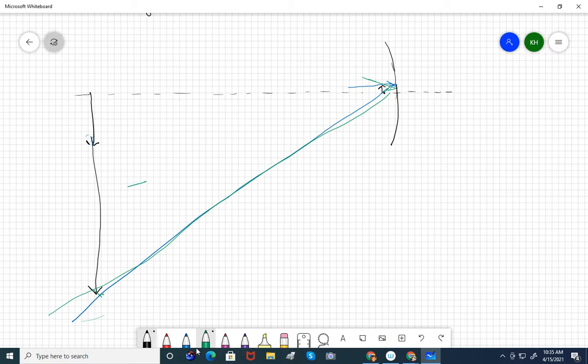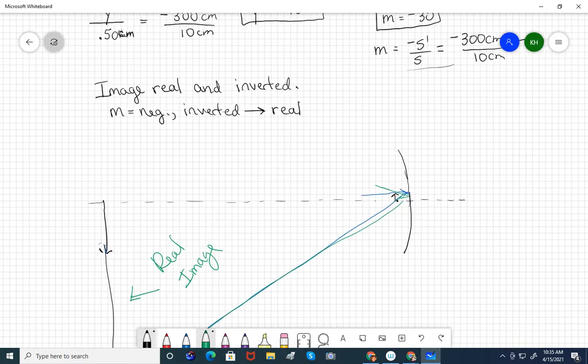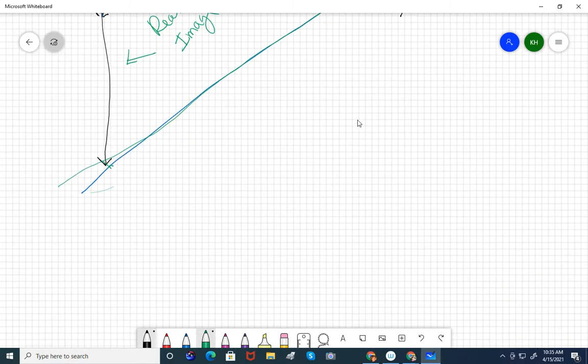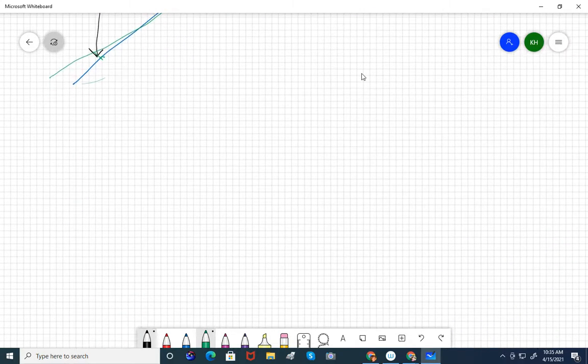This is a real image because the light is actually meeting at that point. Okay, so that's a concave mirror, also known as a positive mirror because it's got a positive focal length.